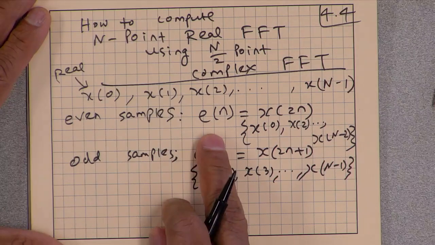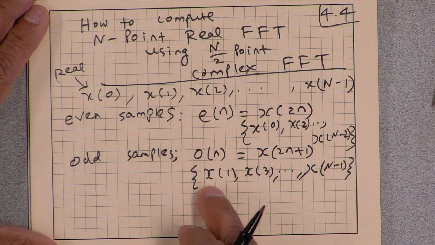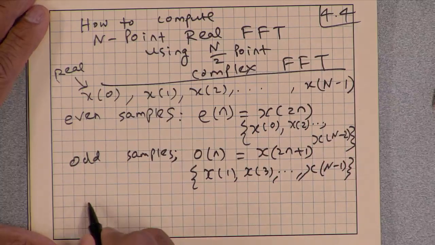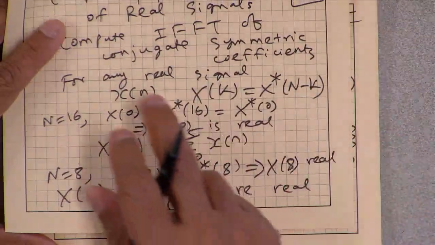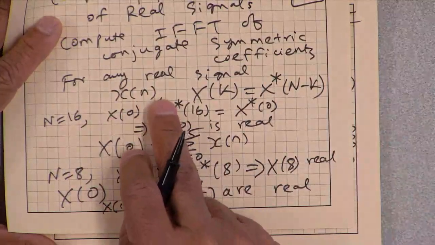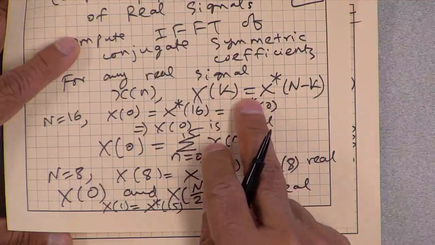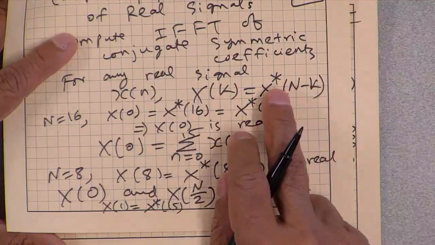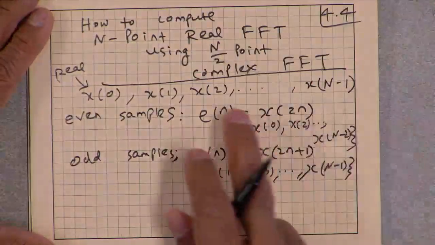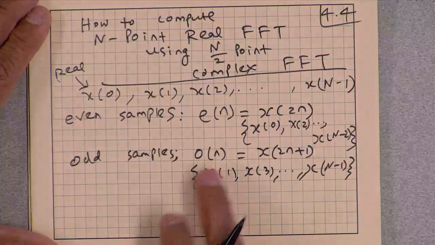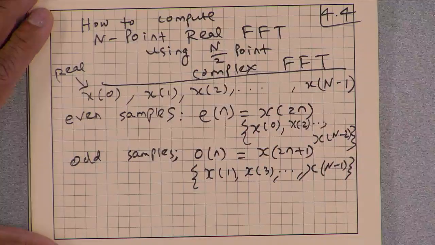What's the length of the even samples? N by 2. And the odd samples? N by 2. So I can say, using the same symmetry property: xn was a real signal of length n, so Xk satisfies conjugate symmetry, that is, Xk is the conjugate of X(n minus k). En and On are also real signals, but of length n by 2.